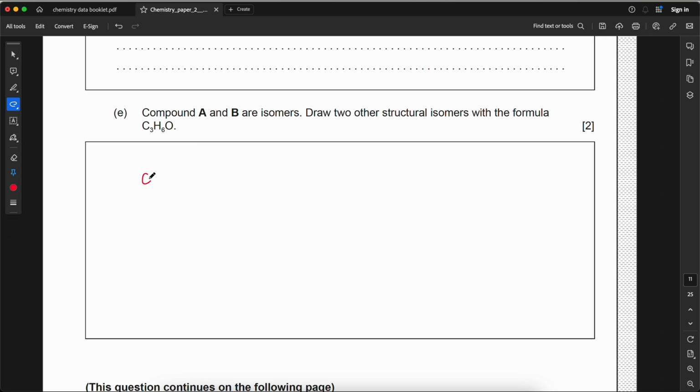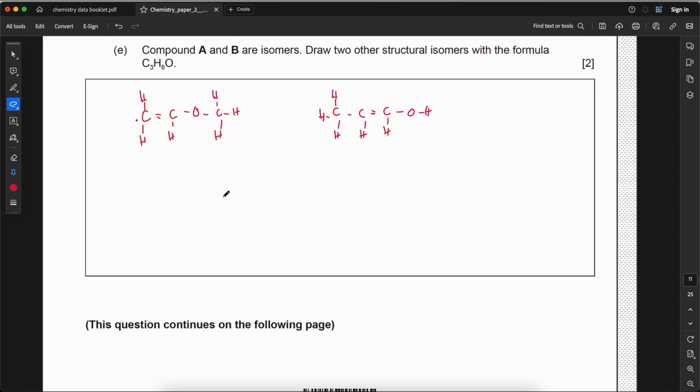We can do CH2 double bond CH OCH3, or you can also do CH2 double bond CH CH2 OH, alcohol, or you can also do CH3CH2COH.